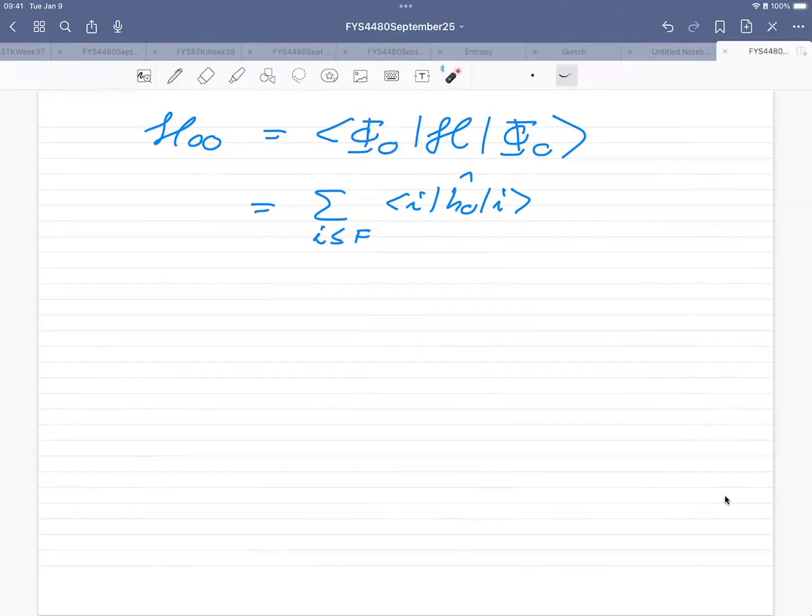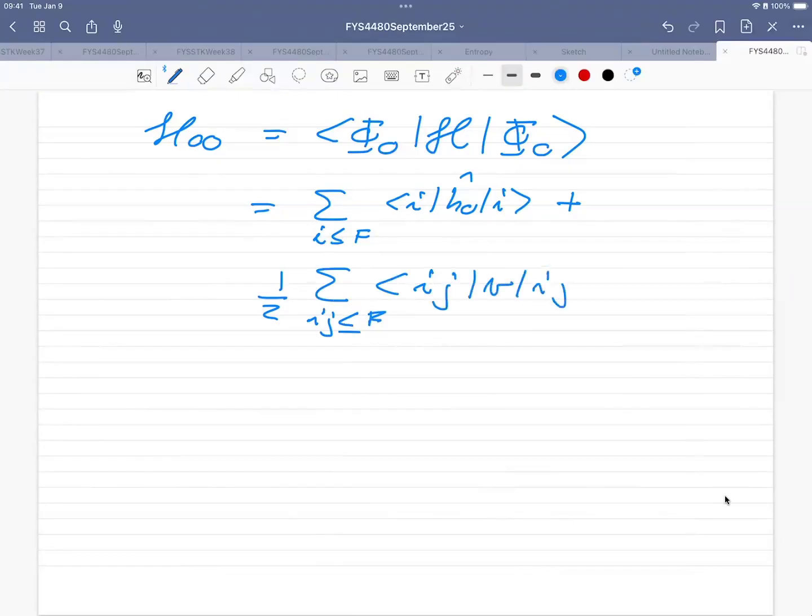In that case, this just transforms into a number, just a plain number, which could be like the energy of a harmonic oscillator. It is an integral, so it's obviously just a number, but in many cases this simplifies further. We could just look up, let's say, the eigenvalues of a harmonic oscillator or the hydrogen atom or whatever. And then we have the next term plus this factor 1/2, and then we are summing over all the single particle states. Remember that when I write it like this, I mean anti-symmetrized integrals with a direct and exchange term.